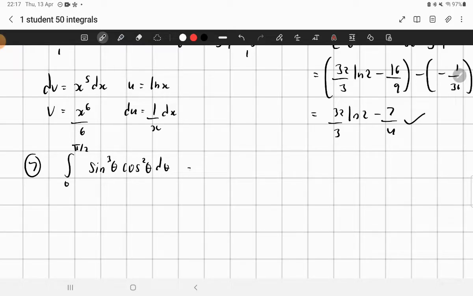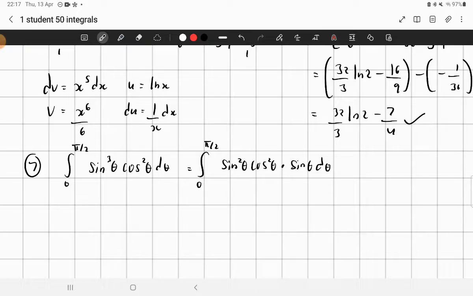So from 0 up until pi over 2, it will be sine square theta cosine square theta times sine theta d theta.